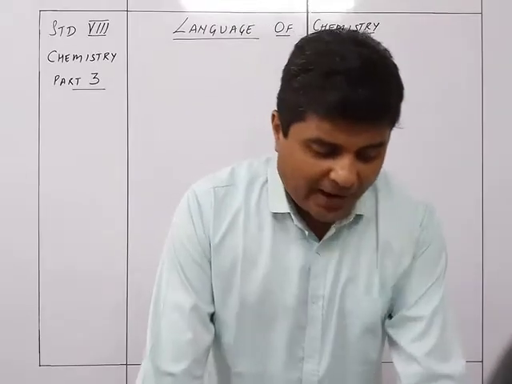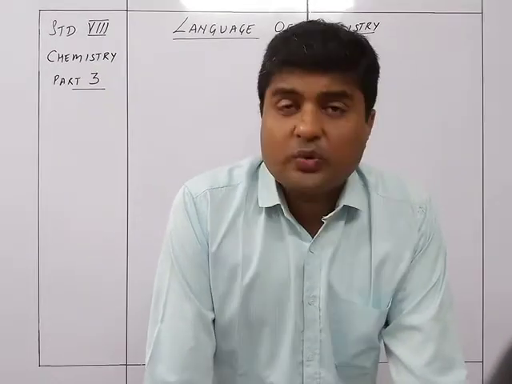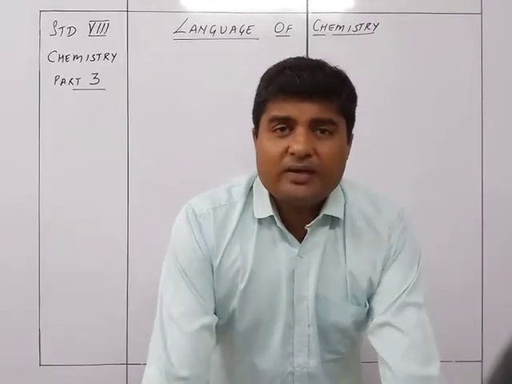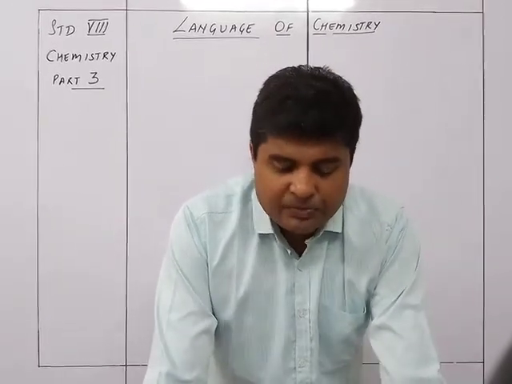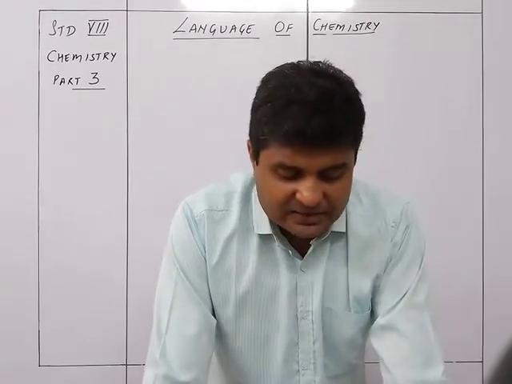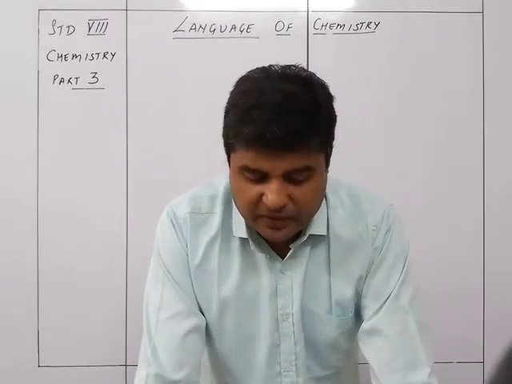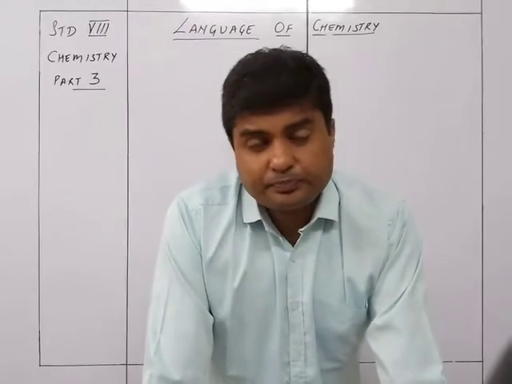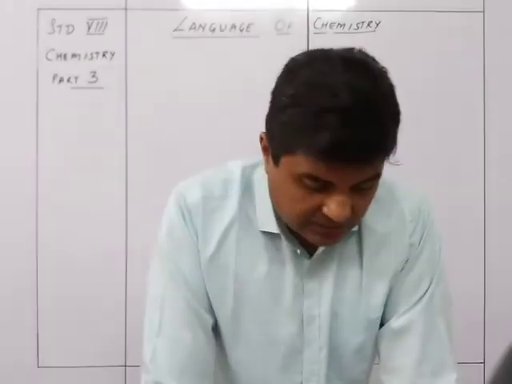So we have hydrogen, which is atomic number 1, so it has only a K shell with 1 electron, and that's why the valency is plus or minus 1, and it is considered both a non-metal and a metal because it can be used for both purposes.